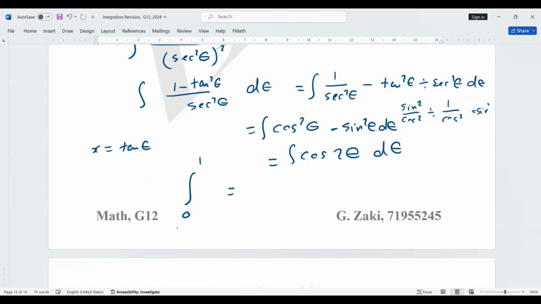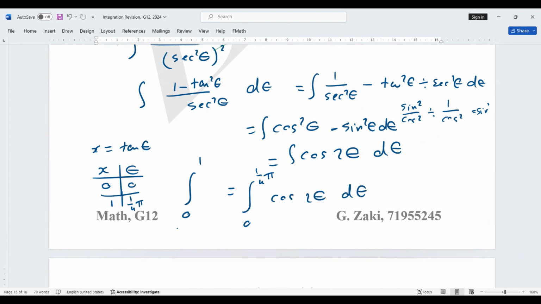Now we draw this: this is x and this is theta. When x equals 0, tan 0 is 0. When x equals 1, in radian, we write shift tan 1, and it's a quarter pi. Then the integration is from 0 to quarter pi of cosine 2 theta d theta.